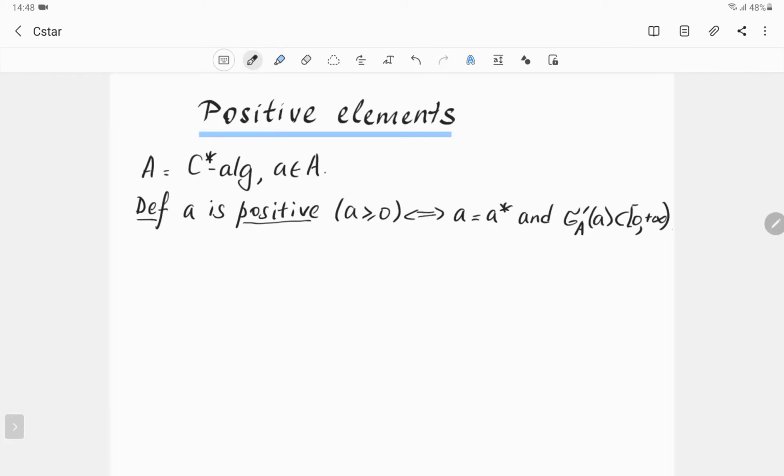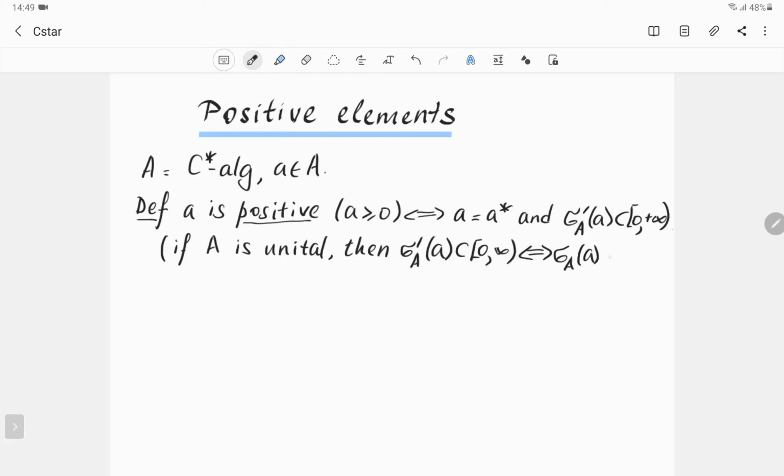However, it's easily seen that if A is unital, then we can replace the non-unital spectrum by the usual spectrum here. If A is unital, then this last inclusion is equivalent to the inclusion of the usual spectrum in the positive half line.